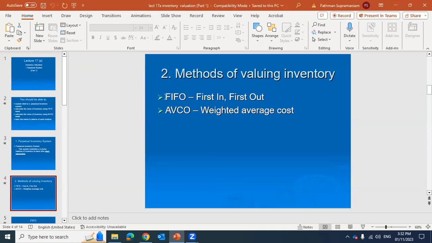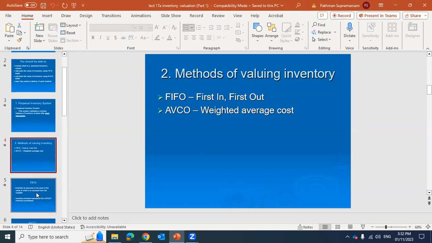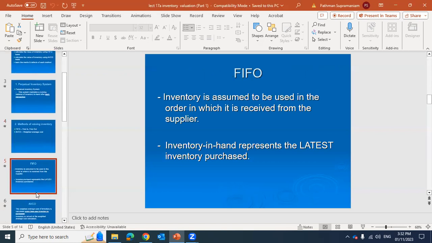Okay, so we have two methods, the FIFO method, which stands for first in, first out, and the AVCO method, which stands for average cost, weighted average cost. In the FIFO method, we assume that inventory is to be used in the order in which it is received from the supplier.